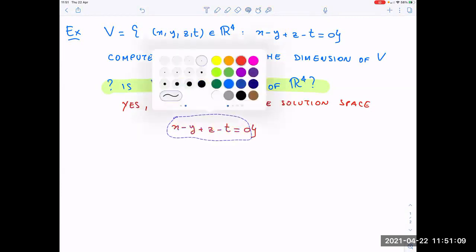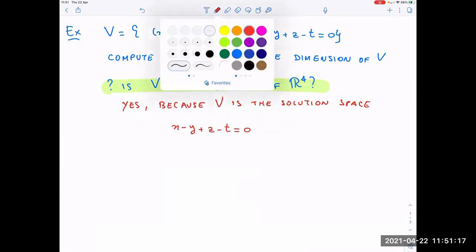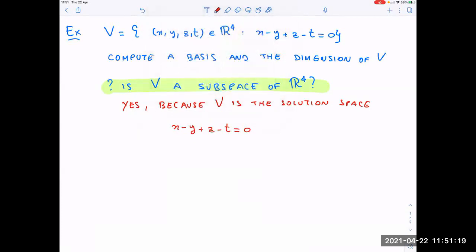We can also write it, I hope you agree, as a kernel. So hence, V is a kernel.